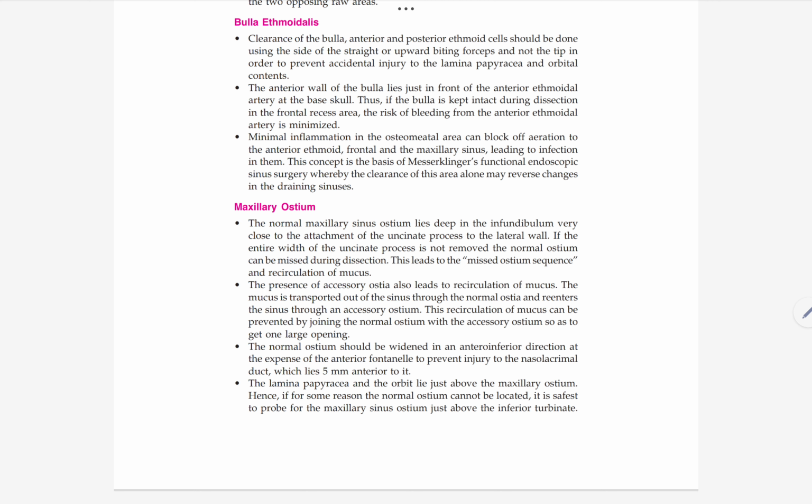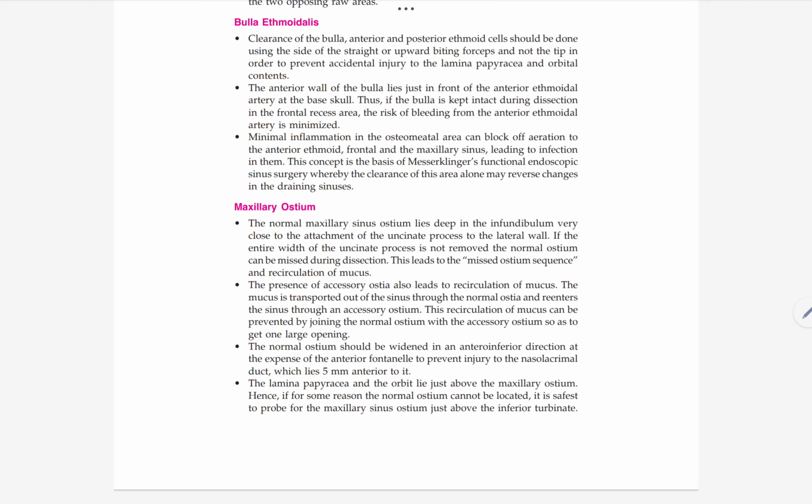Maxillary ostium. The normal maxillary sinus ostium lies deep in the infundibulum, very close to the attachment of the uncinate process to the lateral wall. If the entire width of the uncinate process is not removed, the normal ostium can be missed during dissection. This leads to the missed ostium sequence and recirculation of mucus.